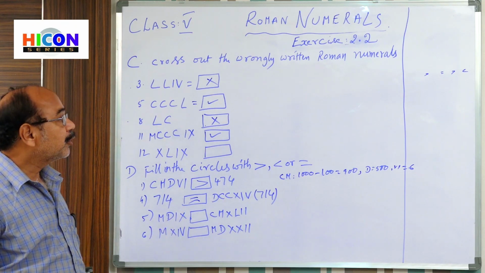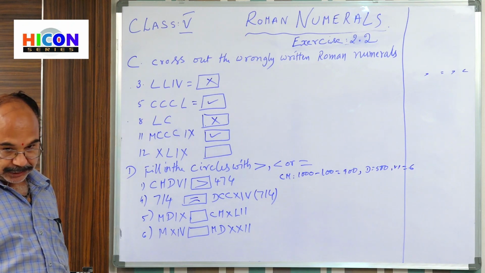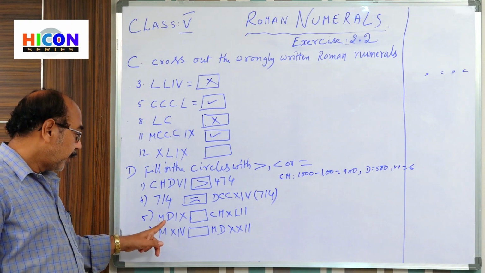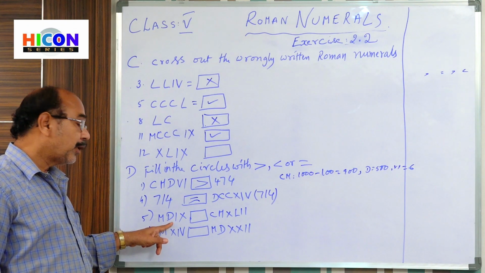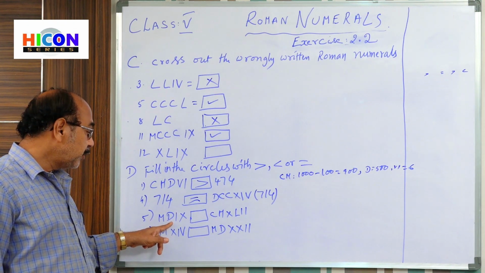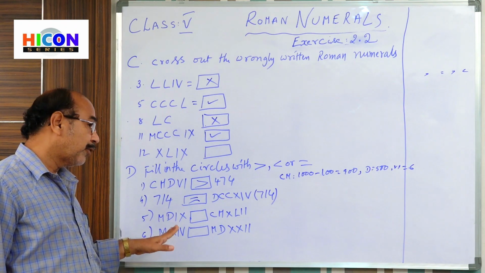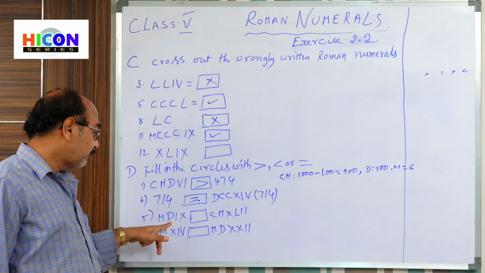Next one, see. MDIX. What is meant by MDIX? M is the big number symbol. D is the small number symbol. So D is placed to the right side of M. So addition, 1500.